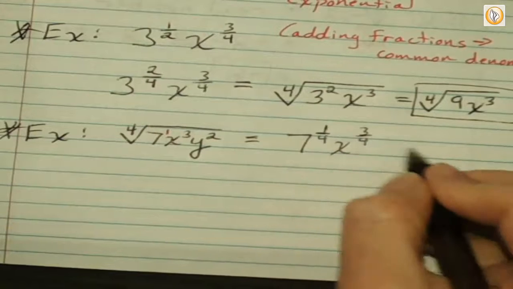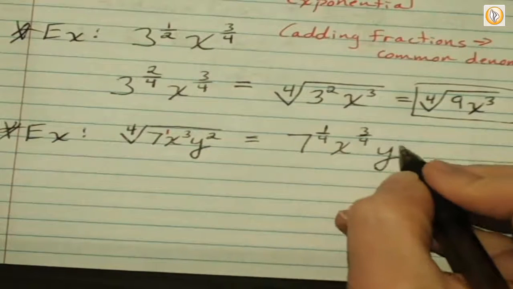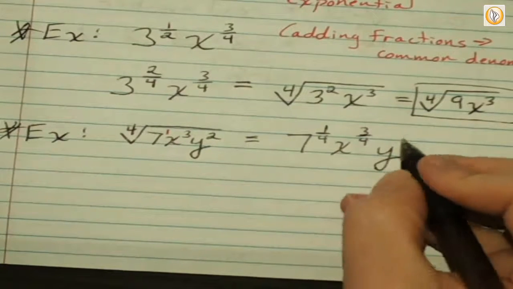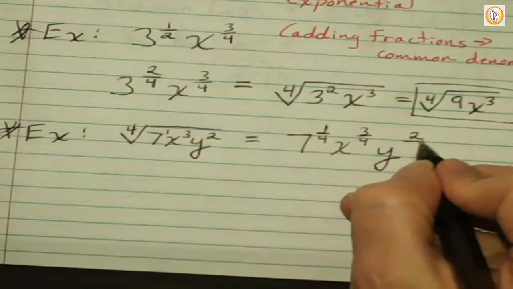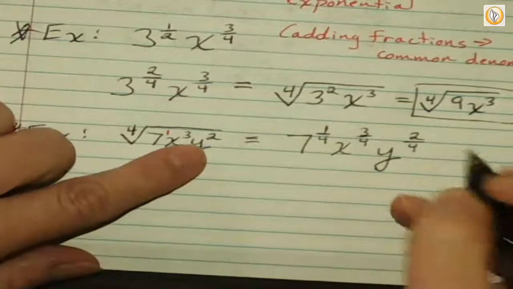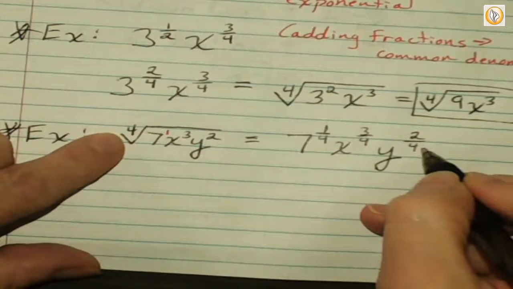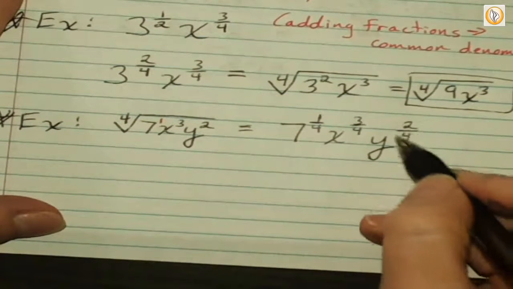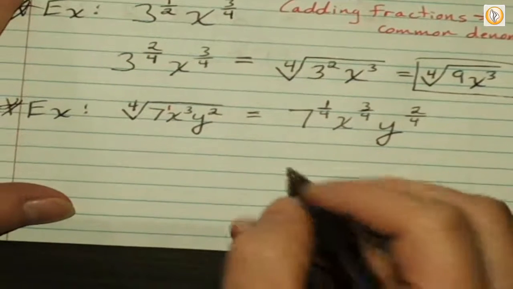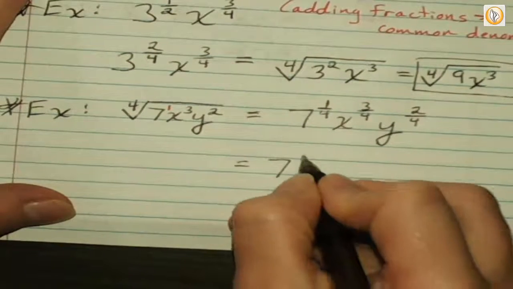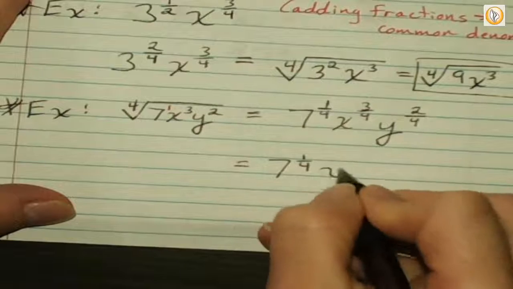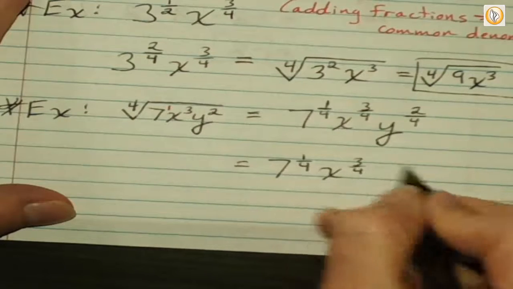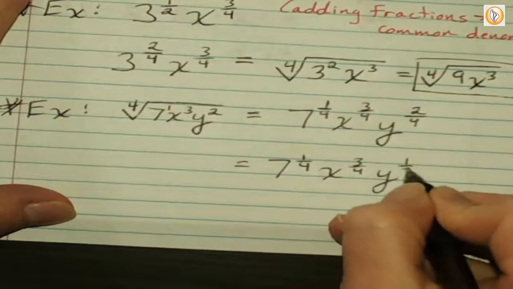And y is, okay, well, hold on. 2 over 4, because that exponent is 2, it goes on top. That's your denominator. And as Franz said, he simplified this little bitty fraction. So what did you get, Franz? 1/2.